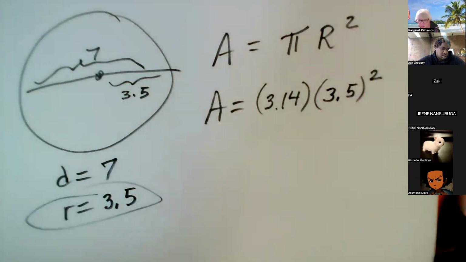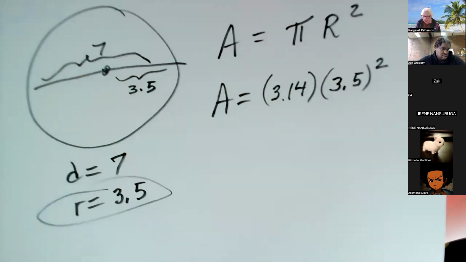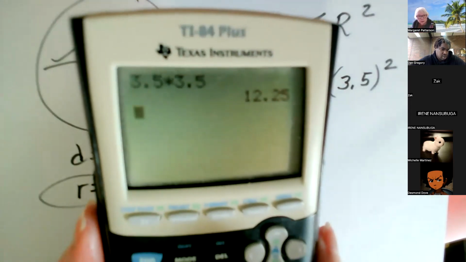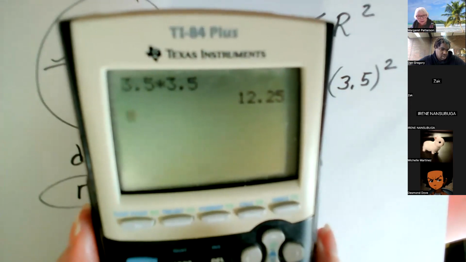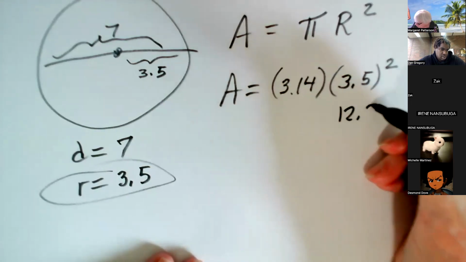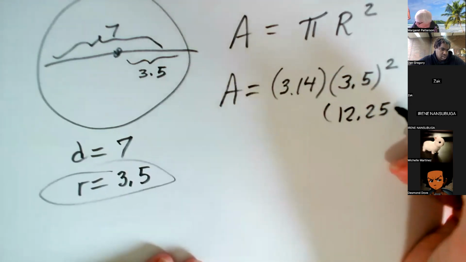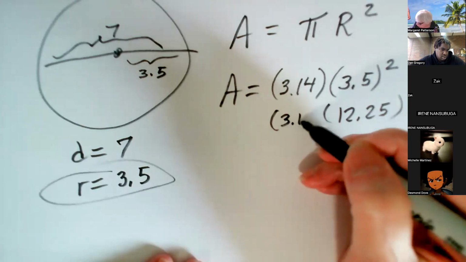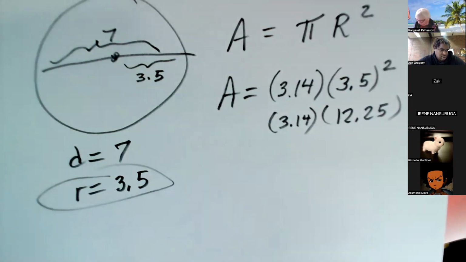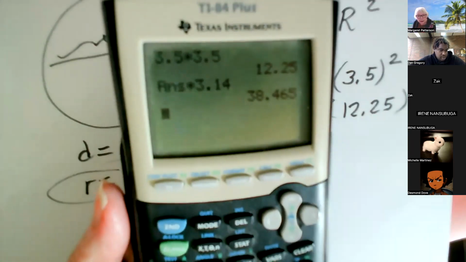If you ever saw a problem like that, you'd have to go 3.5 times 3.5. That's 12.25. Then you would have to multiply it by 3.14. And I don't think you want to do that by hand.